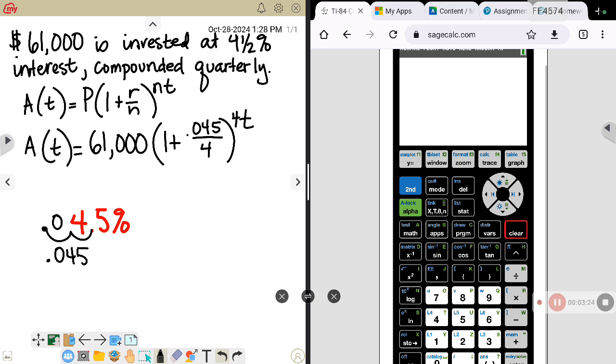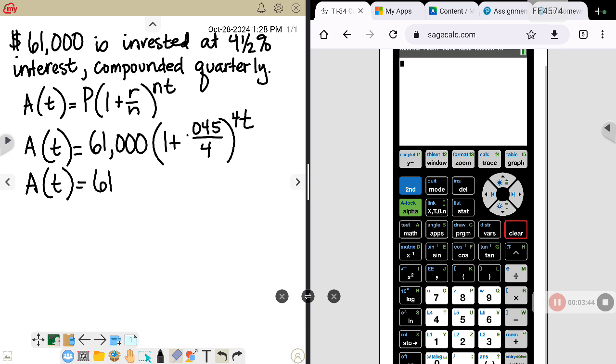Now, when you put this in MATLAB as the formula that you are going to use, it does not like what is in that parenthesis to be like that. It wants you to figure out what that decimal is. So in other words, A of T equals 61,000.